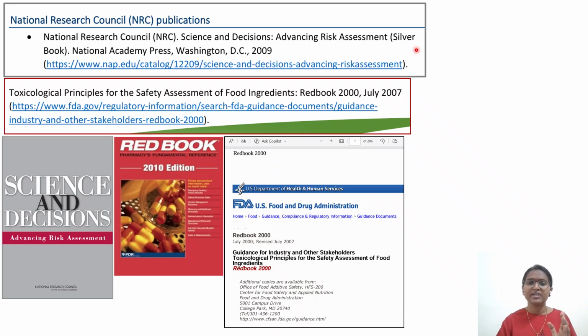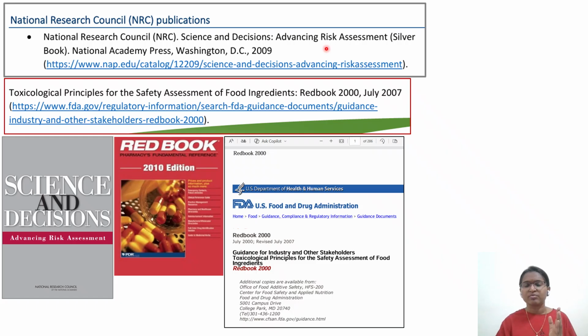So they clearly gave the Silver Book. What is this Silver Book? It contains information with respect to risk assessment, its procedures, its principles, everything is discussed under this Silver Book. In some other video, we'll discuss in detail what we can learn from this particular textbook.